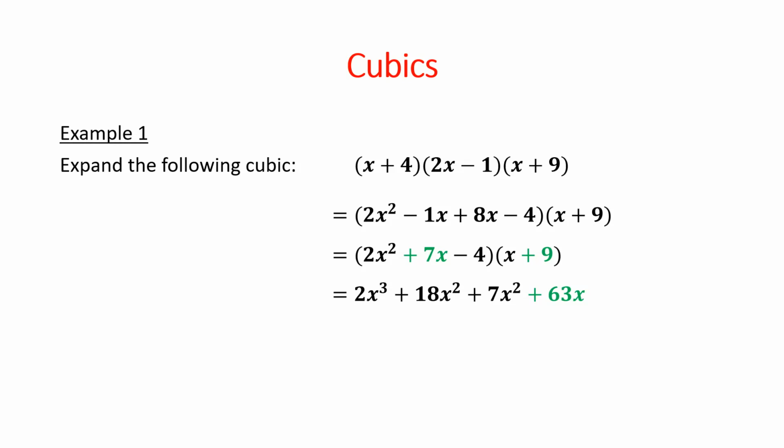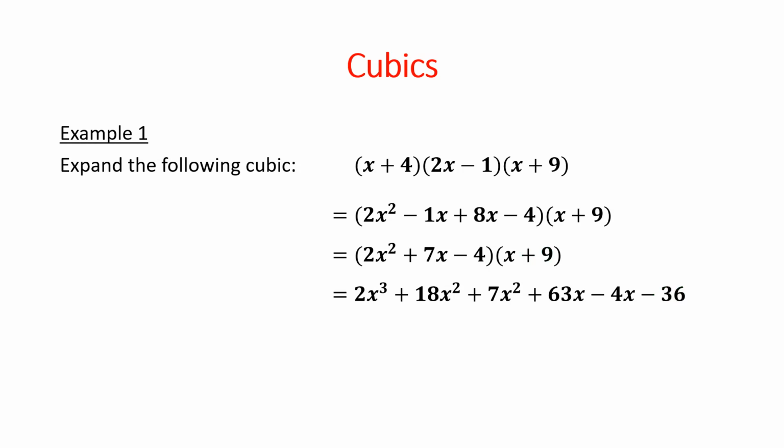Plus 7x times plus 9 gives us plus 63x. Minus 4 times x gives us minus 4x. And finally, minus 4 times positive 9 gives us a negative. Positive times a negative makes a negative, negative 36.